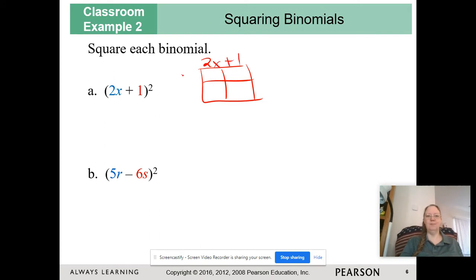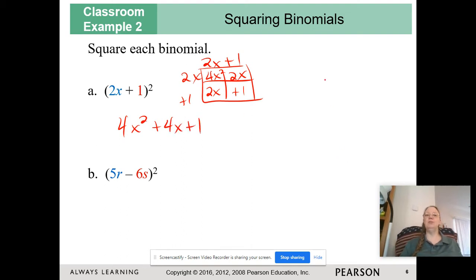2x plus 1. So we've got 4x squared, 2x, another 2x, and a 1, which will give me 4x squared plus 4x plus 1.